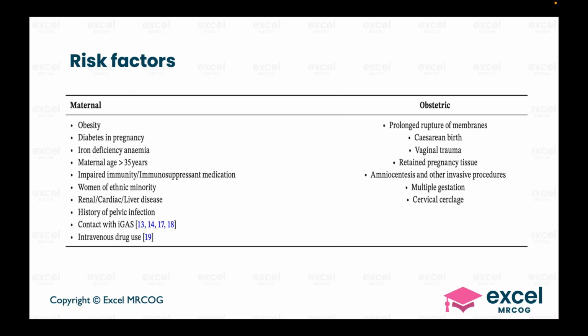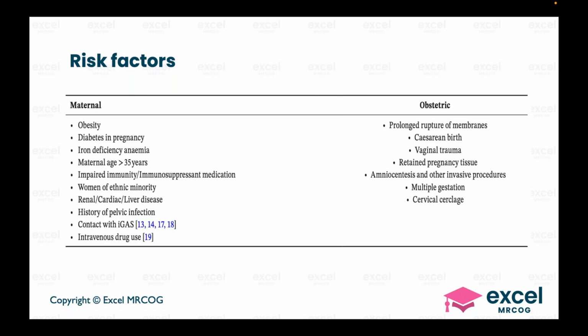So you have obesity, diabetes, iron deficiency anemia, advanced maternal age, impaired immunity, women of ethnic minority, renal, cardiac, or liver disease, history of pelvic infection in the past, contact with somebody who is carrying the group A streptococcal infection, IV drug abusers.